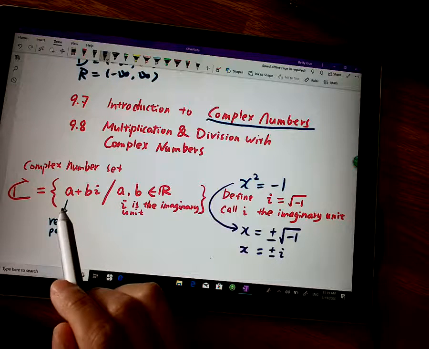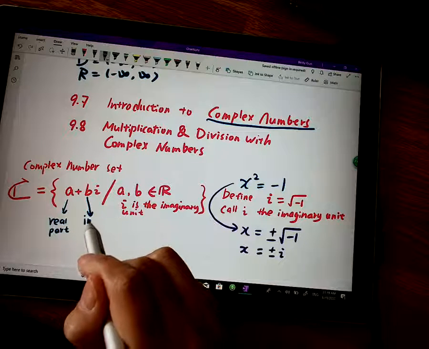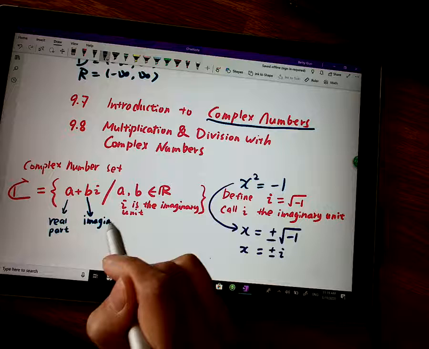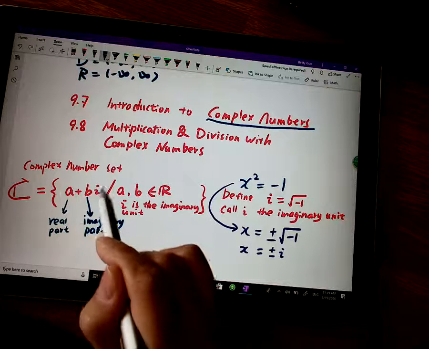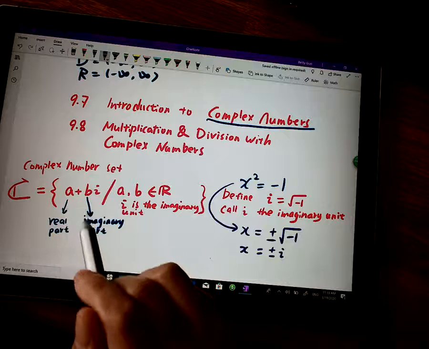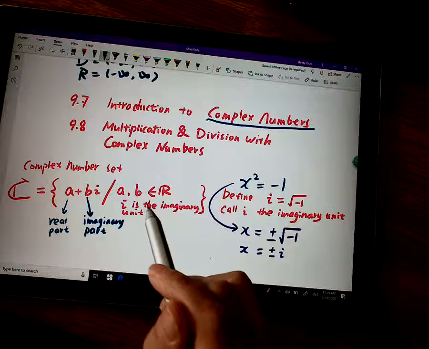It is a real number. b here is called the imaginary part of this complex number. b is also a real number. You can pause here and repeat it.